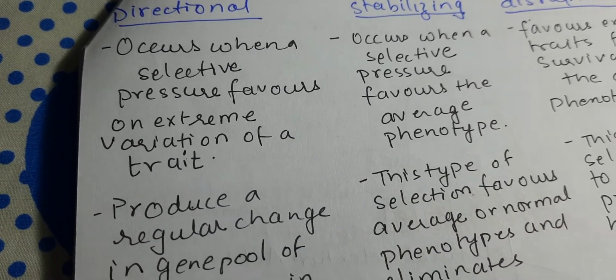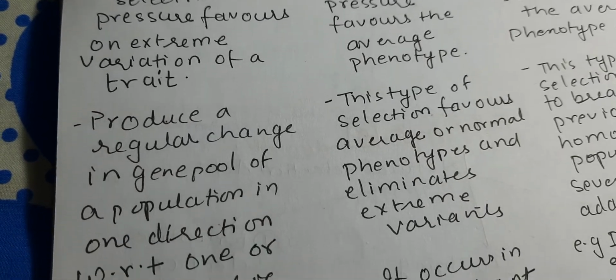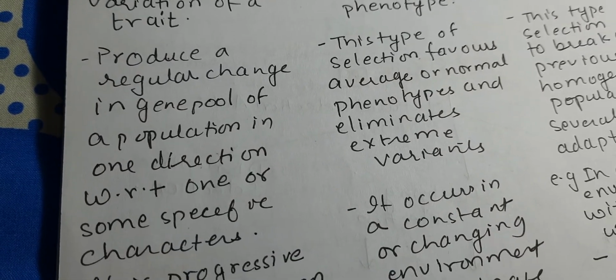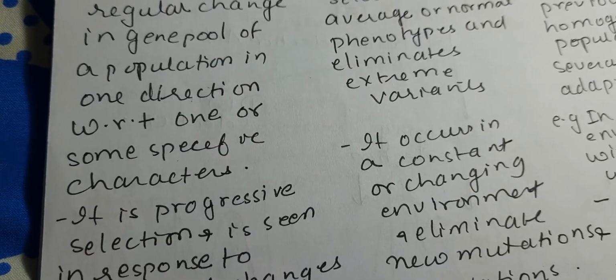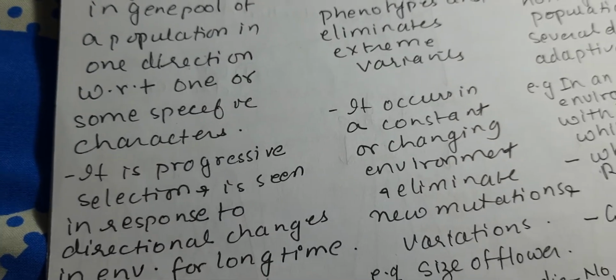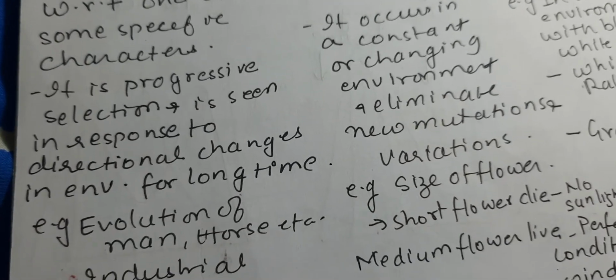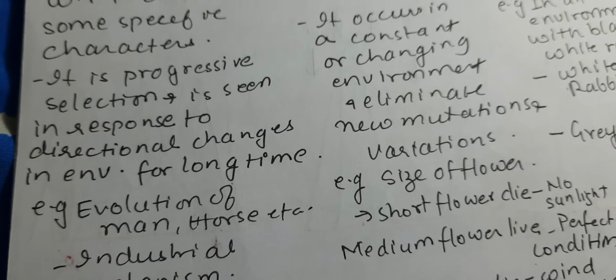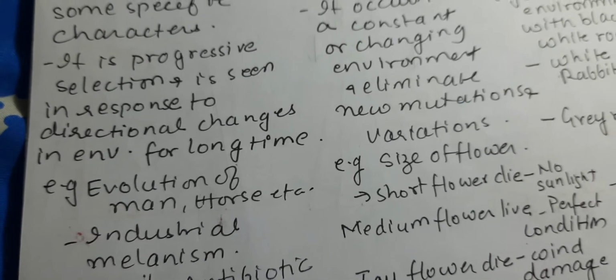It occurs when the selective pressure favors one extreme variation of a trait and produces a regular change in the gene pool of a population in one direction with respect to one or some specific character. It is progressive selection and is seen in response to directional selection in the environment for a long time.